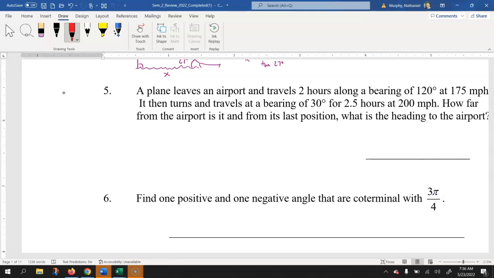So let's start with the fact that it's going to travel 2 hours at 175 miles per hour. For that distance, we'll get to that in a minute, but we're going to have to remember that we're not traveling 175 miles, we're not traveling 2 hours, we're combining those to get our distance. Remember, distance is rate times time. So let's start with a bearing of 120 degrees.